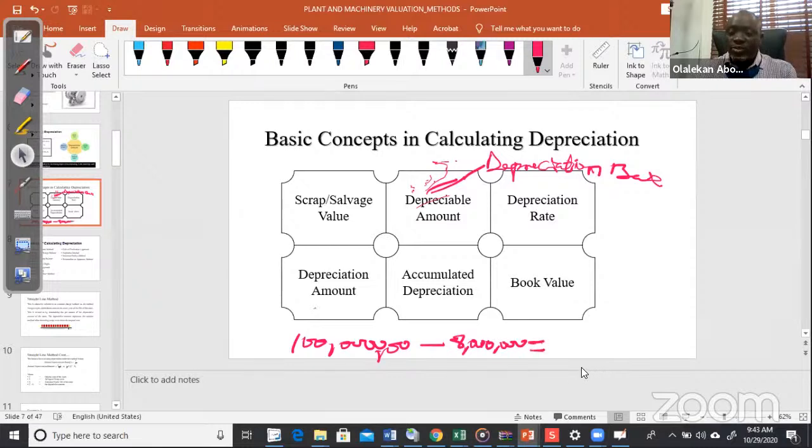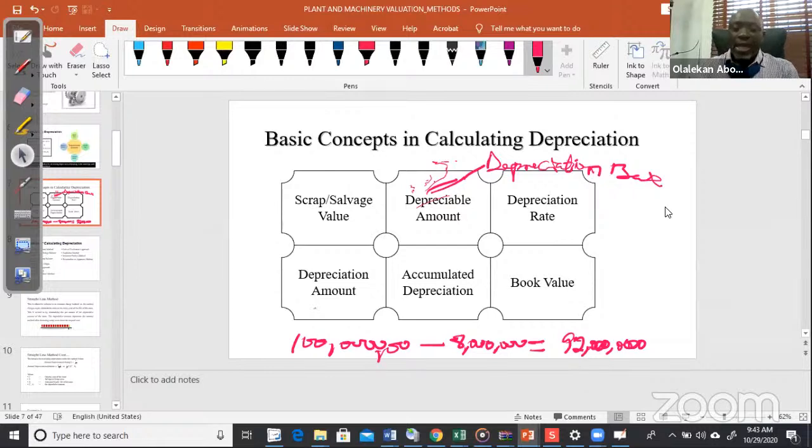In this case, 92 million is the depreciable amount or sum. This is all depreciation base. This is what can be written off. This is what depreciation will consume. This is what will constitute loss in value over the life expectancy of the asset. I hope that is clear.